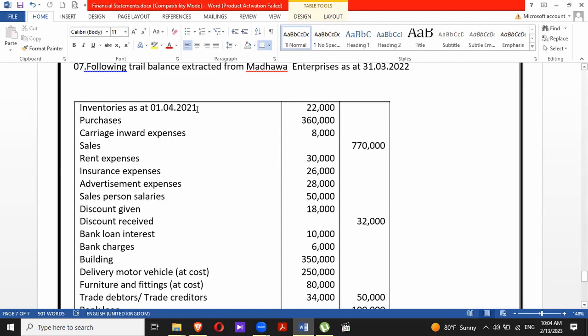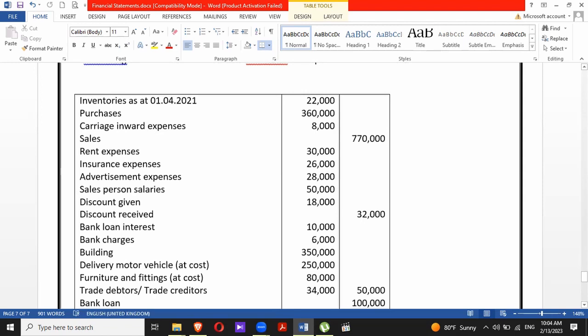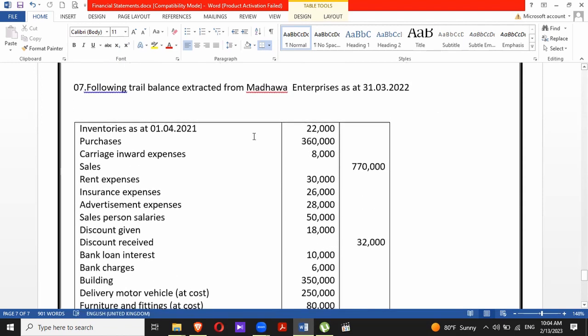I'm going to highlight in yellow the things which will come under the profit or loss statement. First one, inventories as at 1st April. The transactions for this business are given as at 31st March, so that means this is the opening stock.